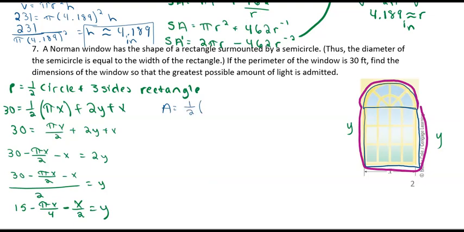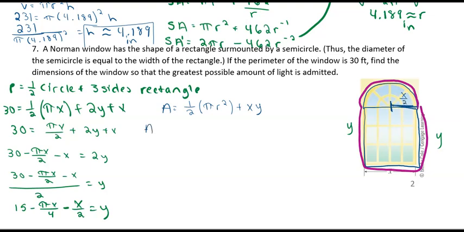Area is half of our circle, so half of pi r squared, plus the area of our rectangle, which is x times y. All right, what can we put in here? Well, what is the radius? The radius would be from here over, so it looks like our radius would be half of x, or x over 2.